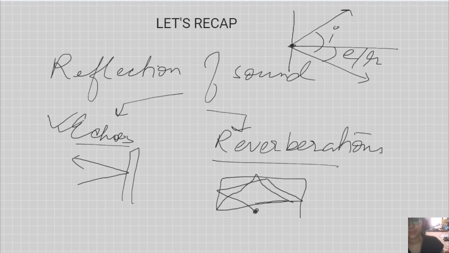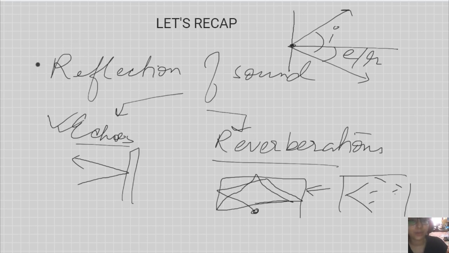An example of this was if you clap in an empty ceremonial hall, then you find that the intensity of the sound gradually decreases, but you can at one point hear a lot of sounds together.